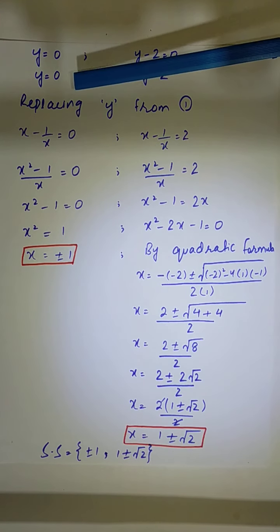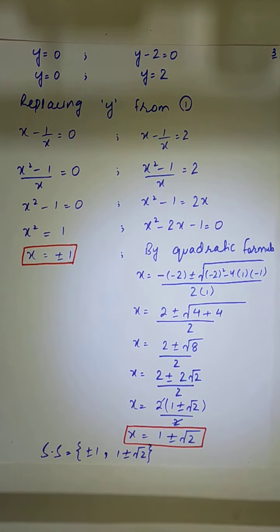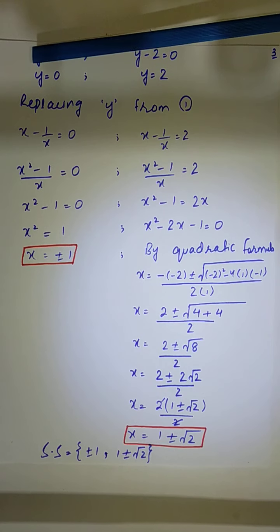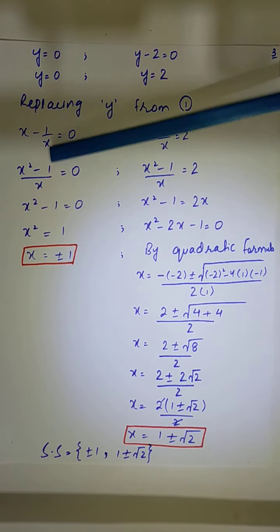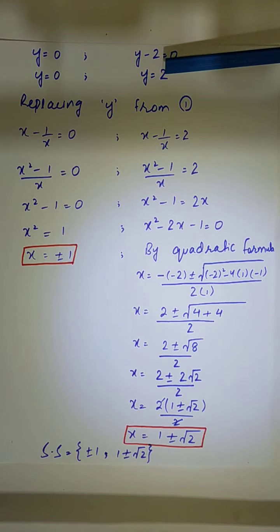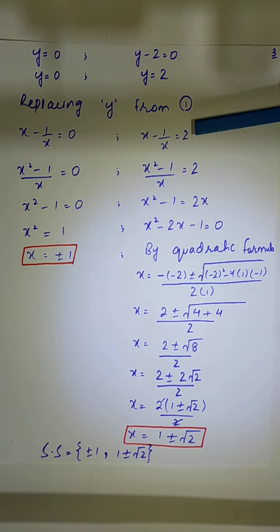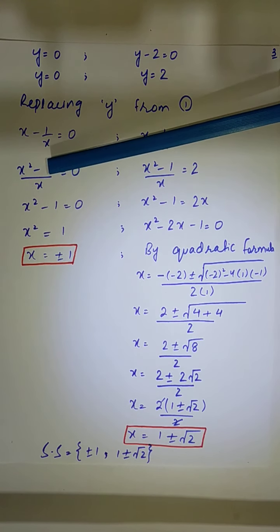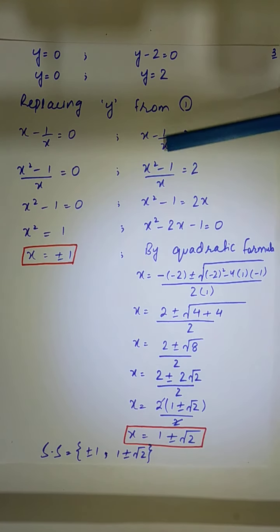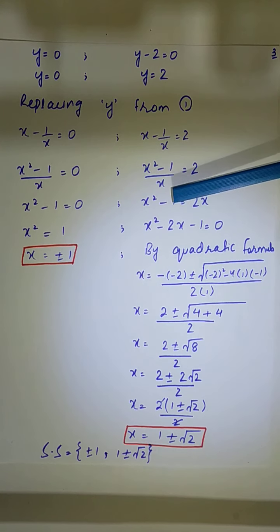So again replacing y from 1, that was x minus 1 by x, we write x minus 1 by x is equal to 0, and here also x minus 1 by x is equal to 2. By taking LCM we get x square minus 1 by x is equal to 0, and here x square minus 1 by x is equal to 2.